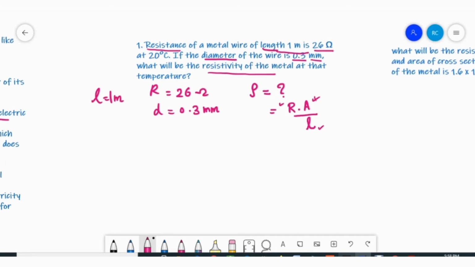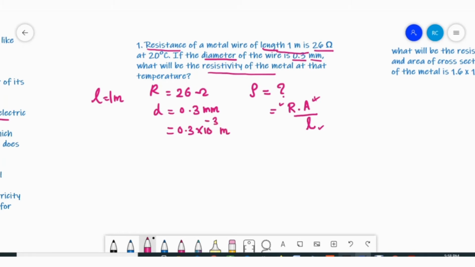These are the things given in the question. Area of cross section is not given, but diameter is given, in terms of millimeter. So how do we convert into meter? 0.3 into 10 to the power of minus 3 meter.